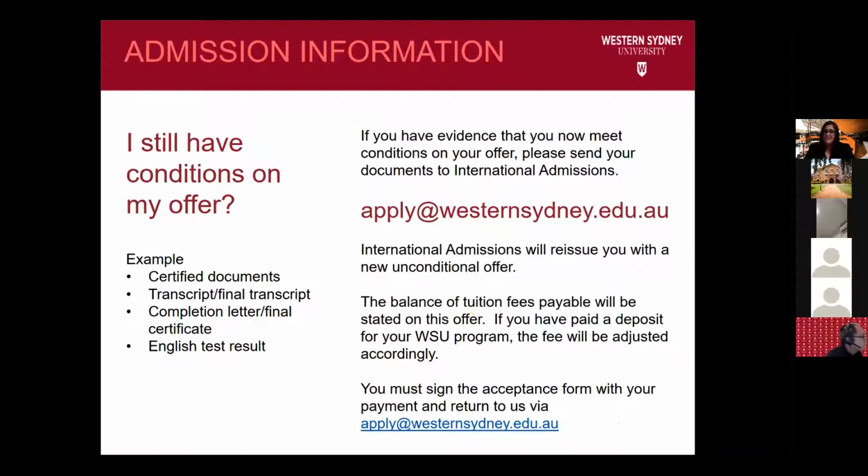If you have evidence now that you meet these conditions, please send those documents to Apply at Western Sydney and we will reissue you with an unconditional offer. You pay the balance of your tuition fees payable that's stated on the offer letter. You send us your acceptance details and you will then be able to enroll.